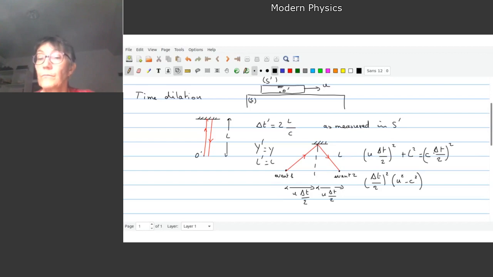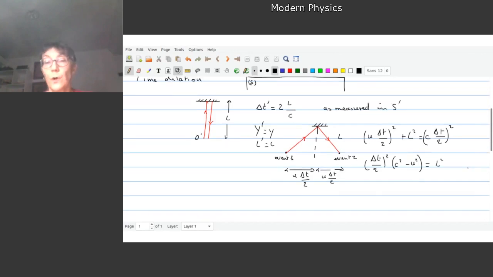Okay, it's better to do c squared minus u squared. Equal, so I have delta t equal.